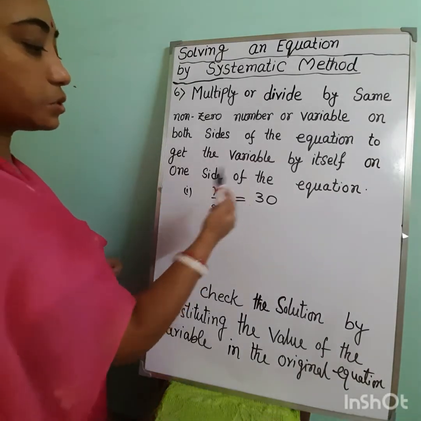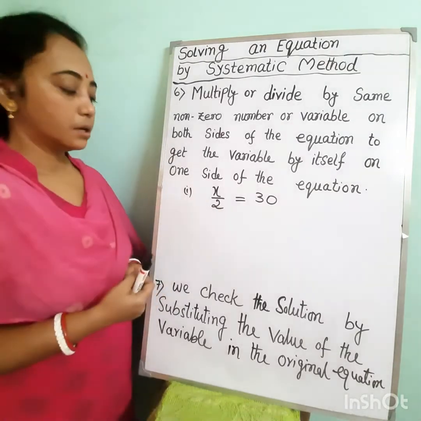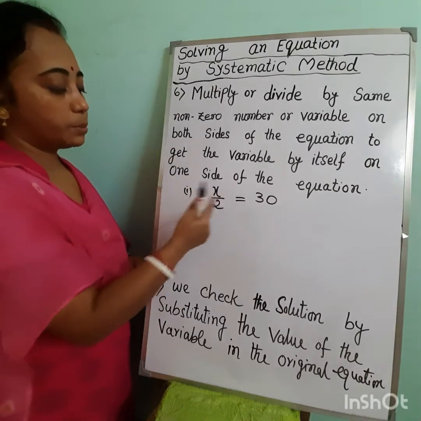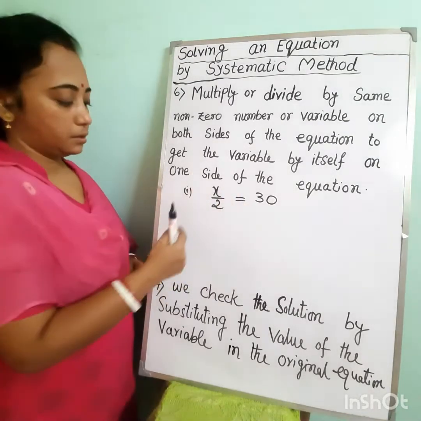Here x by 2 is equal to 30. So here x is multiplied by half. So we have to remove this half from the variable x. So for that, if we multiply 2 on both sides, then this will cancel out.